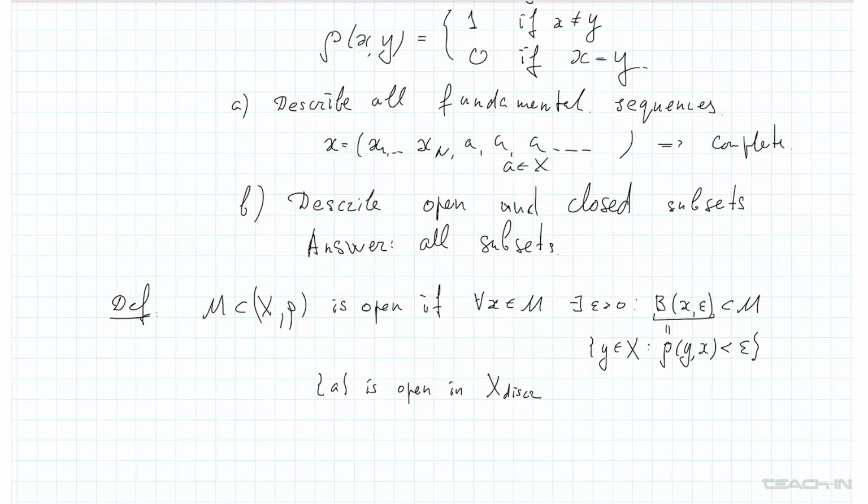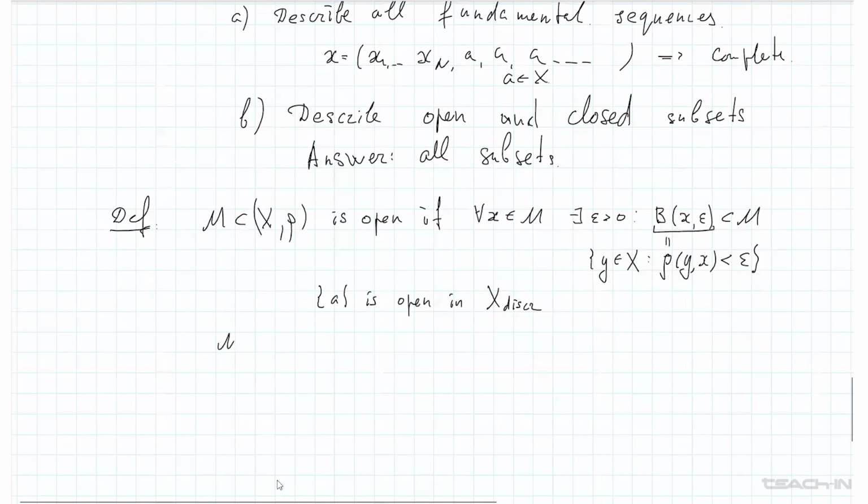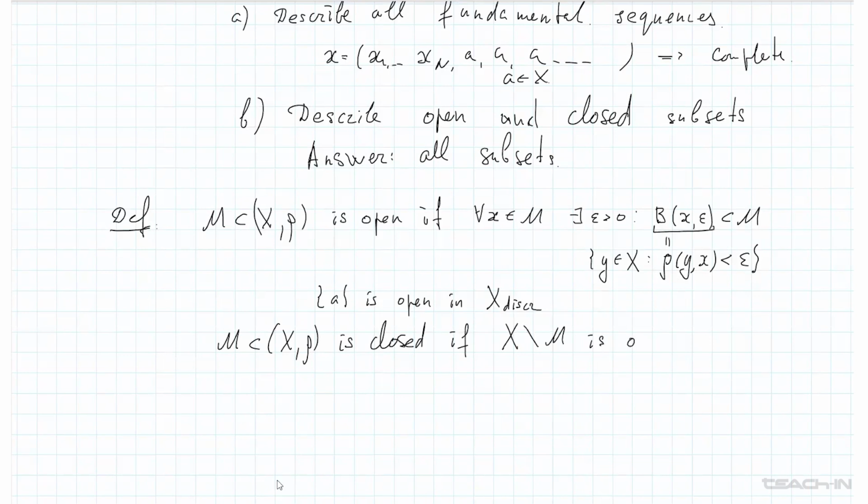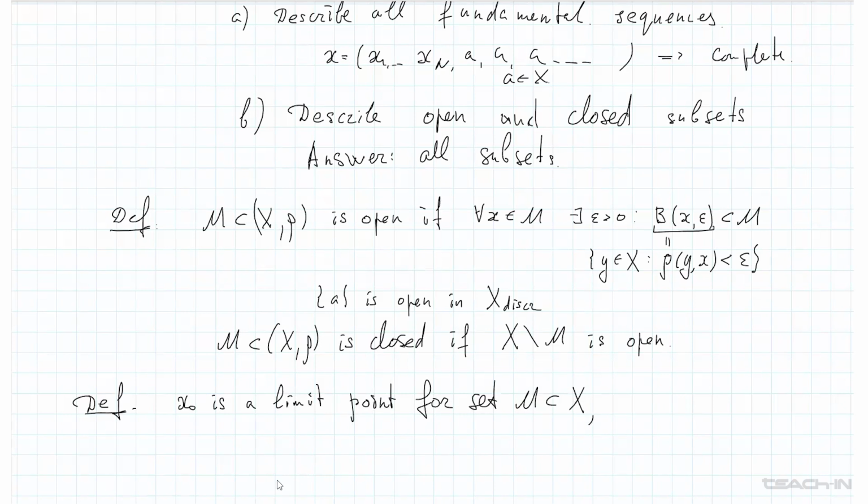And by definition, a set is closed if its complement is open. Following the definition, the limit point: x0 is a limit point for a set M from the metric space.